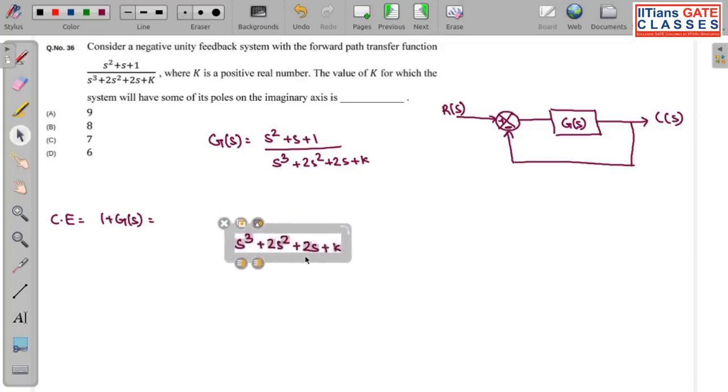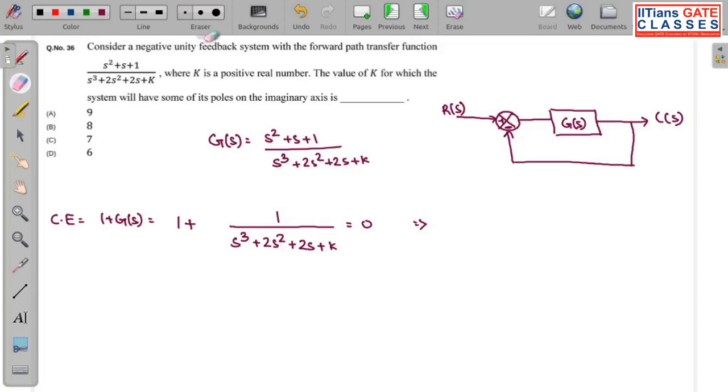Now if I equate this to 0, I will get the poles. Here we have S square plus S plus 1.